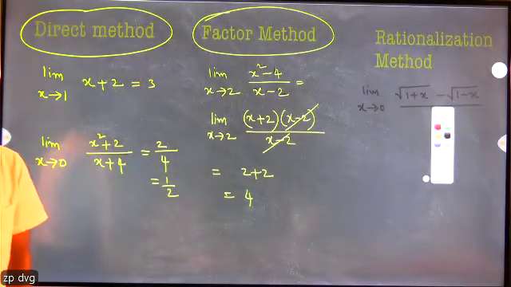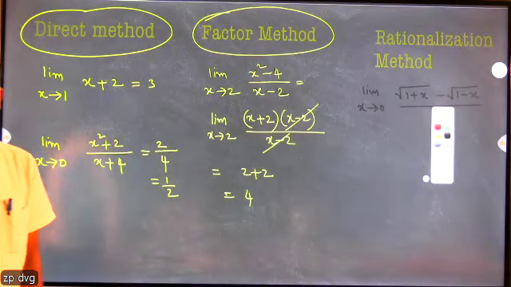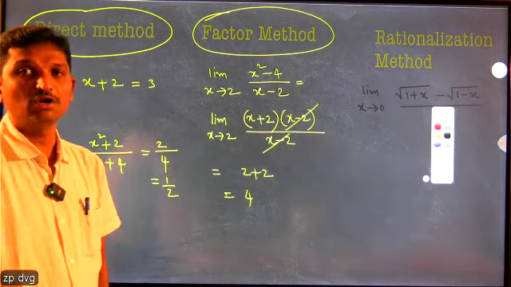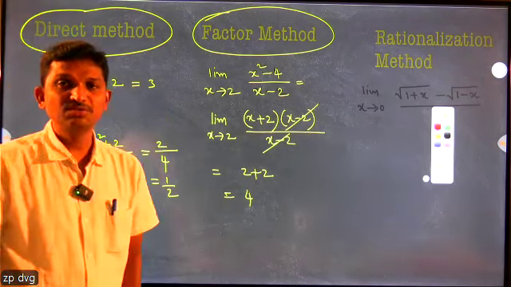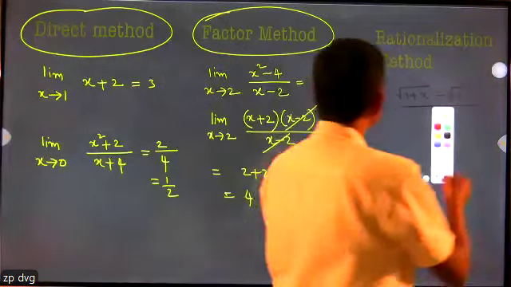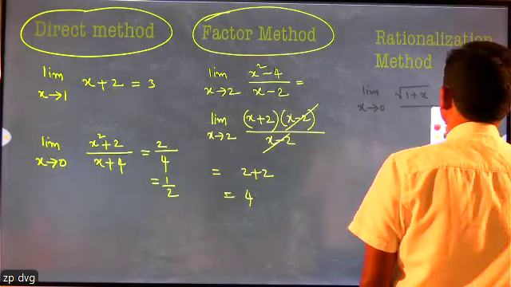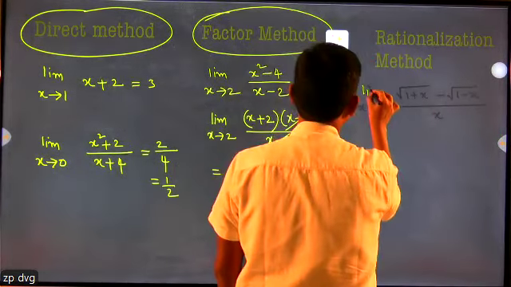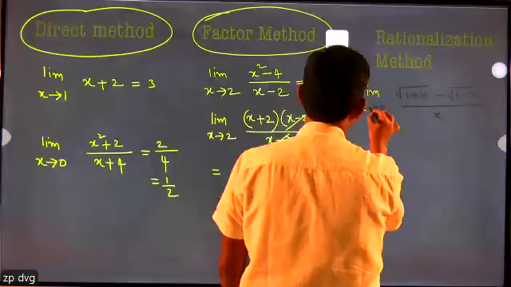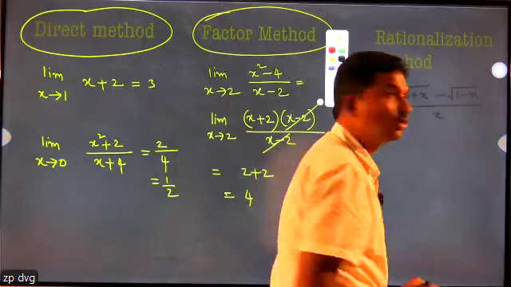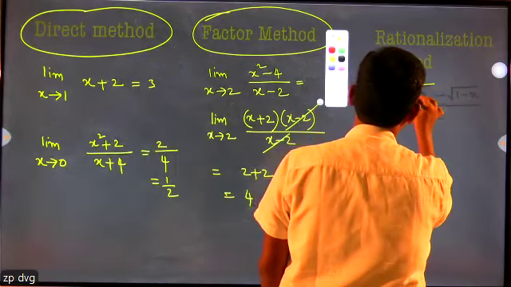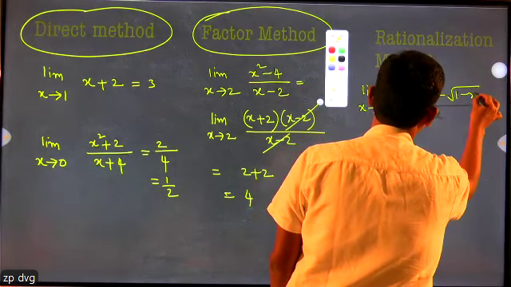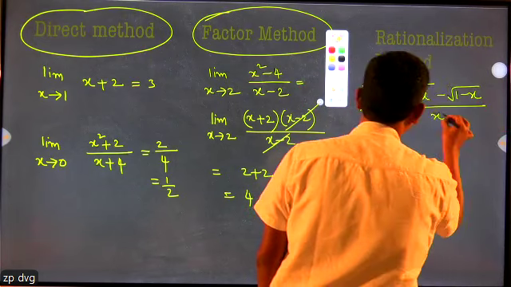For any problem, first we try the direct method. If it gives an indeterminate form, then we look for alternate methods. In those alternate methods, factorization is one method, and another is the rationalization method, which is nothing but rationalizing the given function. Look at this limit: the limit as x approaches 0 of root over 1 plus x minus root over 1 minus x, divided by x.